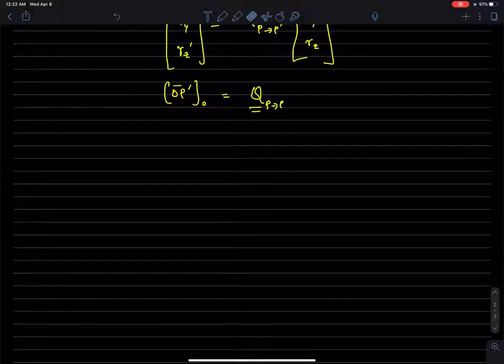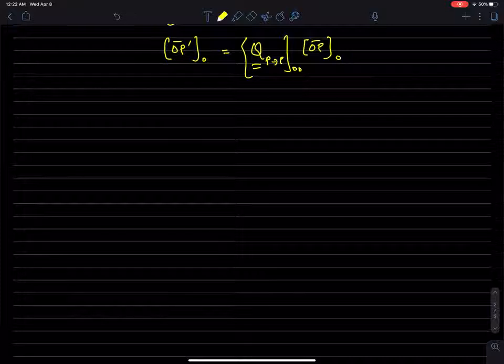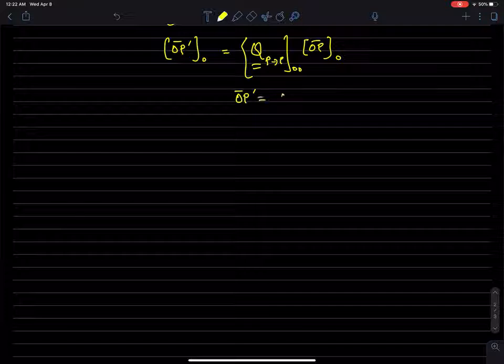Well, I guess we should say it's going to be the 3x3 matrix that represents a general tensor that achieves this rotation times OP vector, all represented in frame O. Or if you want to write it in sort of abstract form without worrying about the coordinate frame, we can write this as OP dash equals some rotation tensor.